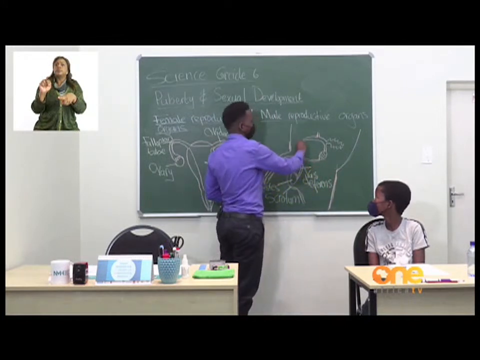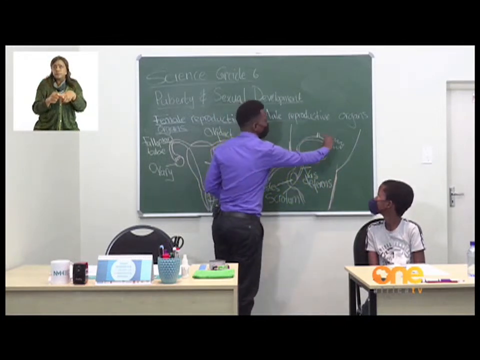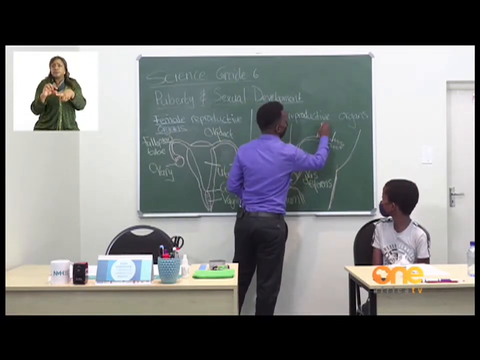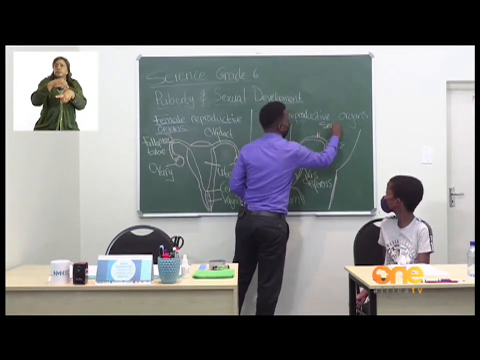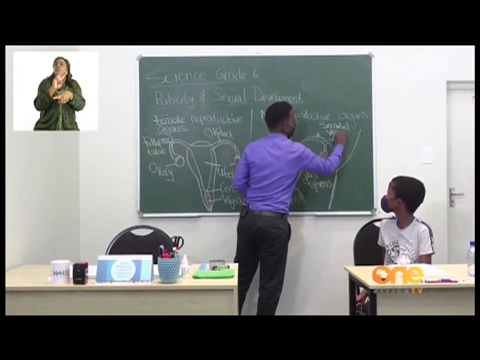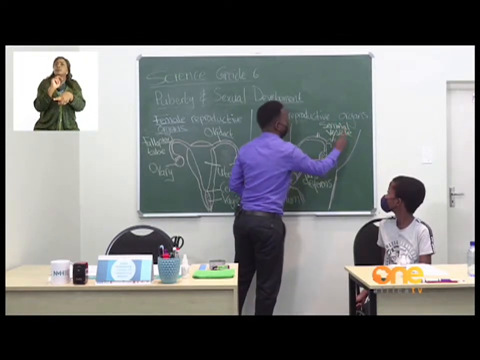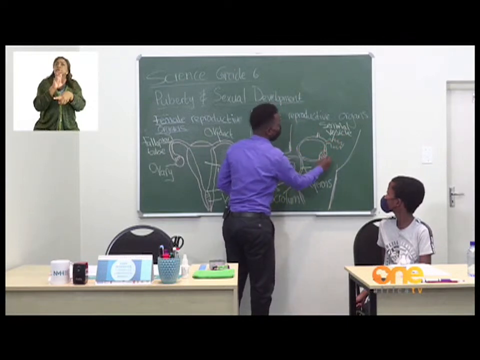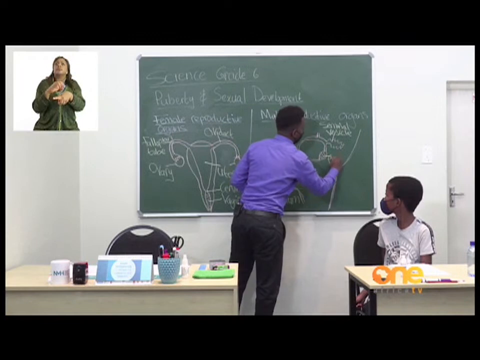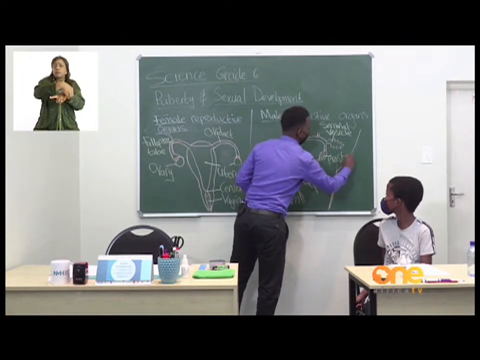And the vas deferens goes on and connects to another structure, and this structure is referred to as the seminal vessel. And from the seminal vessel, there's another structure where it goes into called the prostate gland.